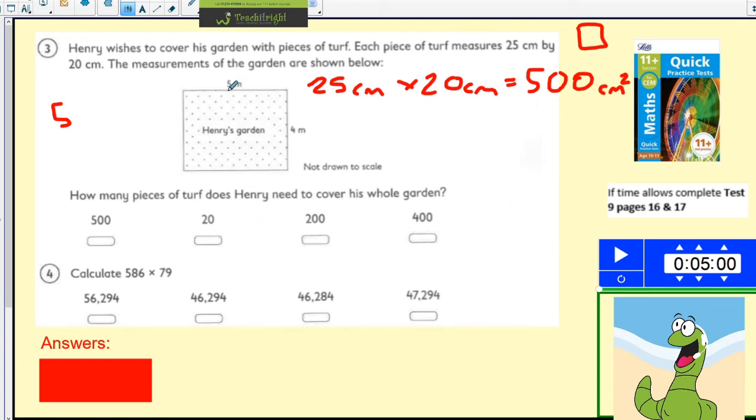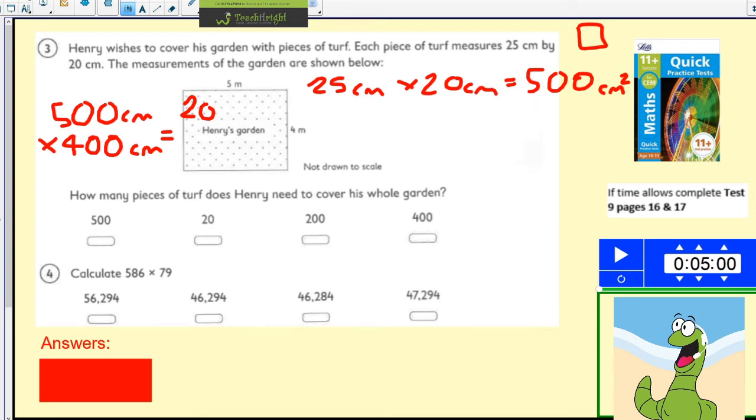Let's see now here, I've got 5 meters, which is the same as 500 centimeters, times by 4 meters, which is the same as 400 centimeters. So the area of my whole thing will be, well, 5 times 4, which is 20. And then I'm timesing them both by 100.